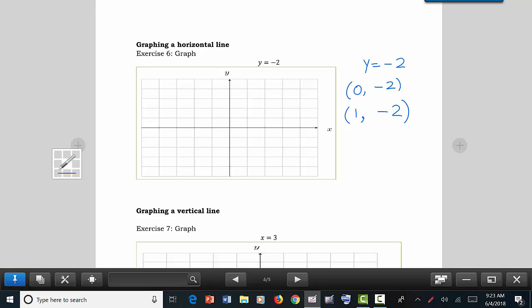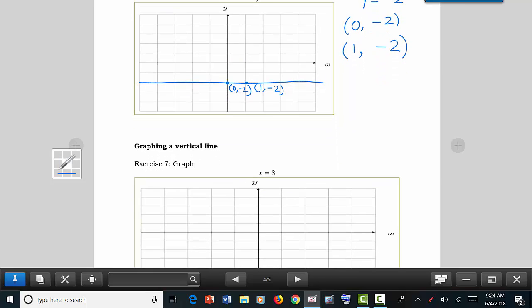So let's plot those points. x is 0, y is negative 2. This point, 0, negative 2. x is 1, y is negative 2. This is the point 1, comma negative 2. And you all know, to graph a linear equation, 2 points are sufficient. That's why we join those 2 points by a straight line. That will be the graph of that equation.